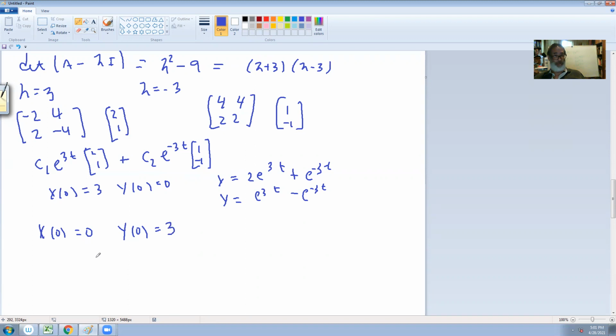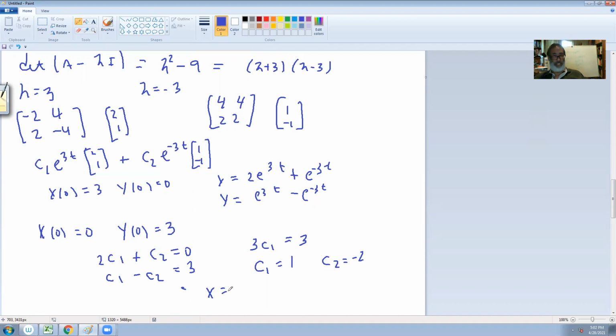Then we'd have 2c1 plus c2 is 0, and c1 minus c2 is 3. Adding together, we get 3c1 is equal to 3, so c1 is 1, and c2 is -2.